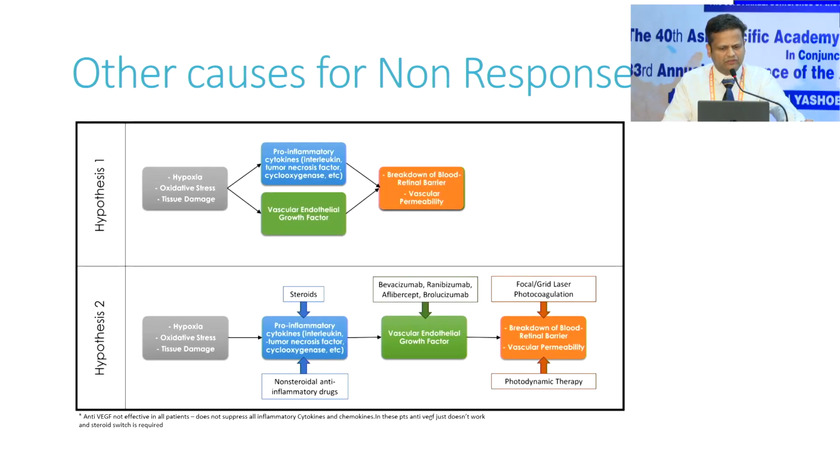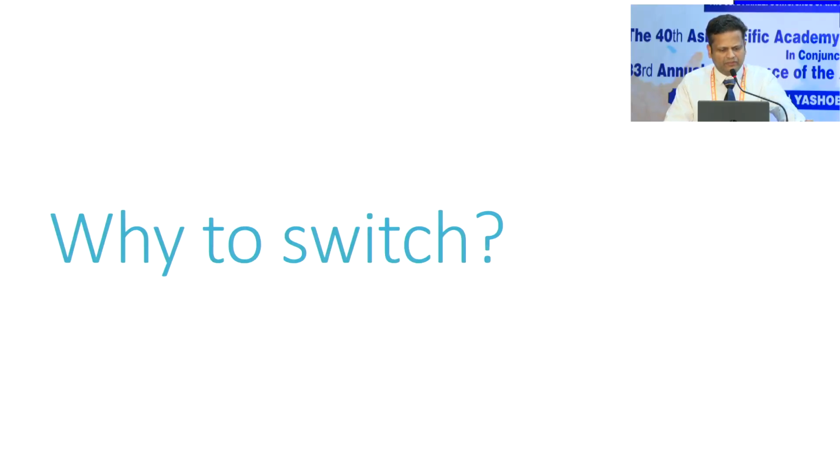The other cause of non-response is that anti-VEGF is not effective in all patients. It does not suppress all inflammatory cytokines and chemokines, and in these patients anti-VEGF just doesn't work, and a steroid switch is definitely required. So why switch?